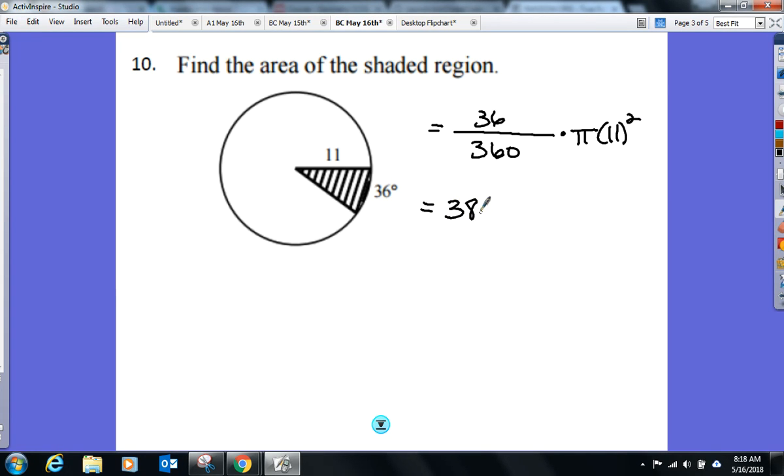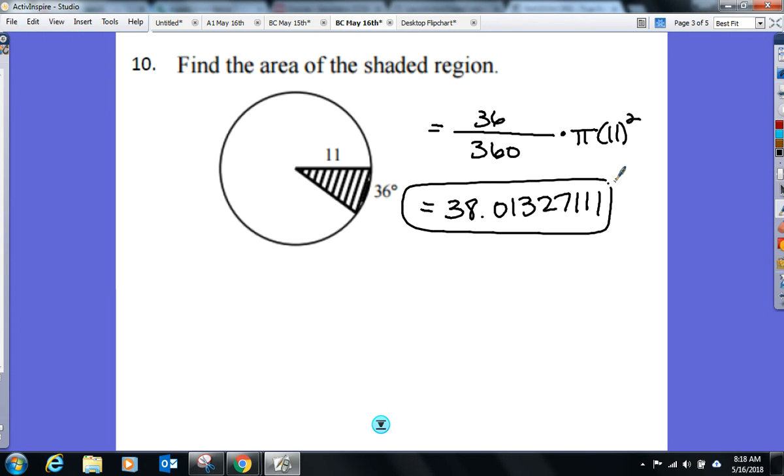And 38.013271111. Just stay on that page because the next one's going to be number 9.